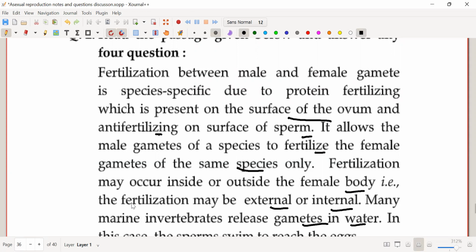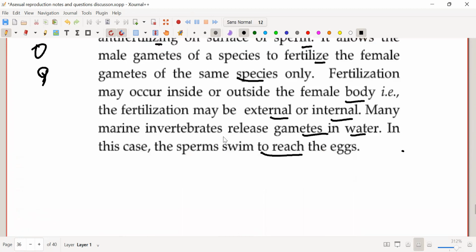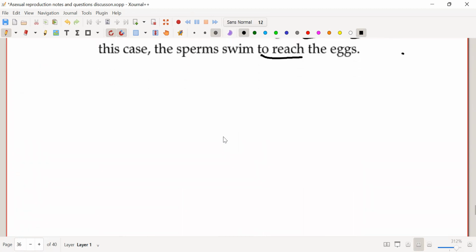Or else, an egg of a frog can be fused with the sperm of a fish, isn't it? So to stop that only, we are having these fertilizin and anti-fertilizin proteins on each and every egg and sperm. These are the data. From this, we are going to get the questions.